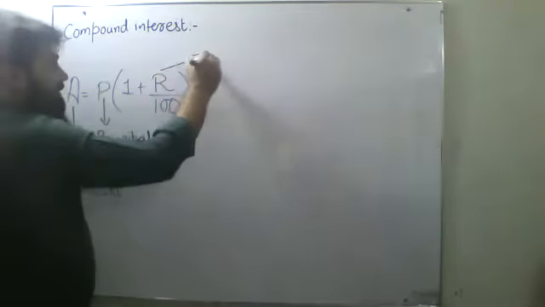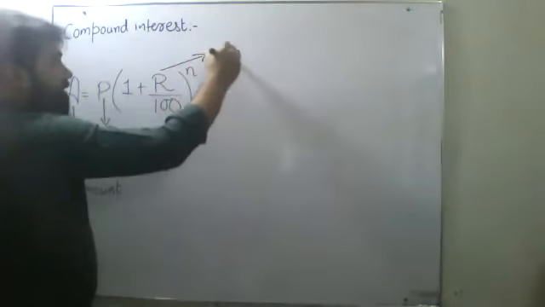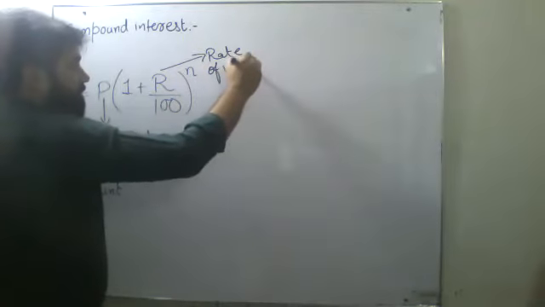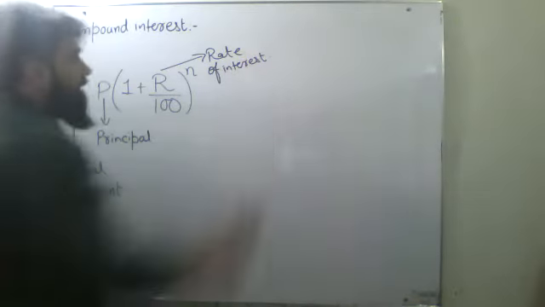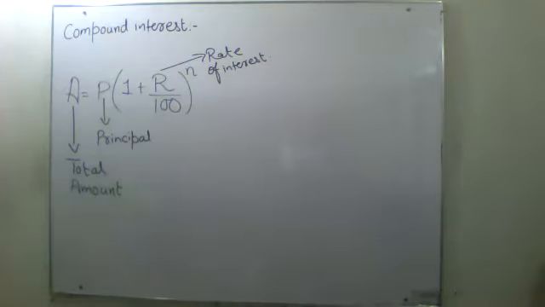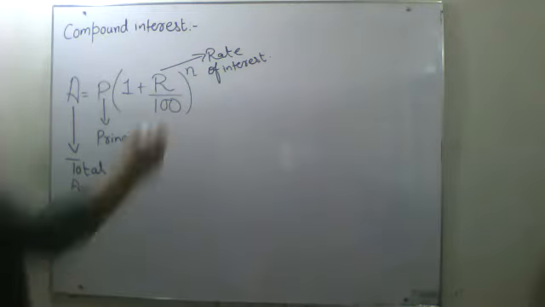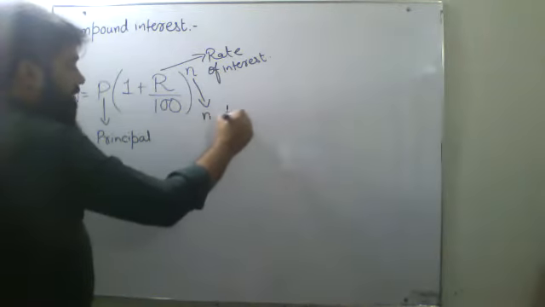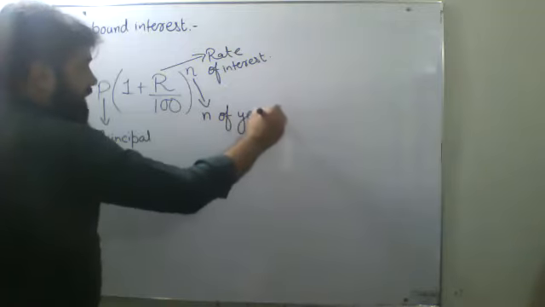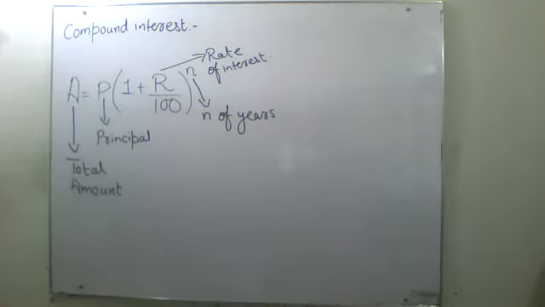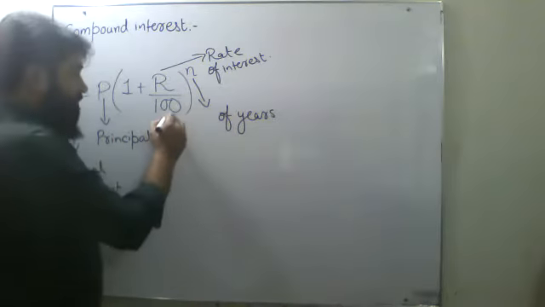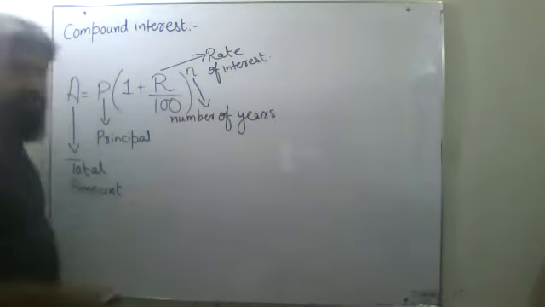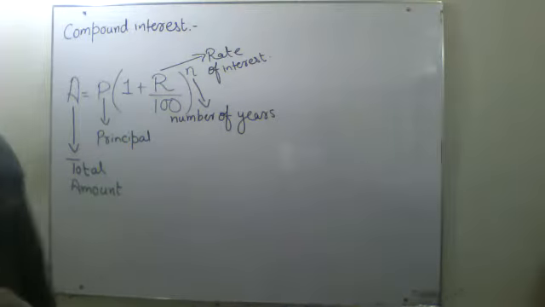R is the rate of interest, and n is the number of months or number of years, whatever was given according to the time.